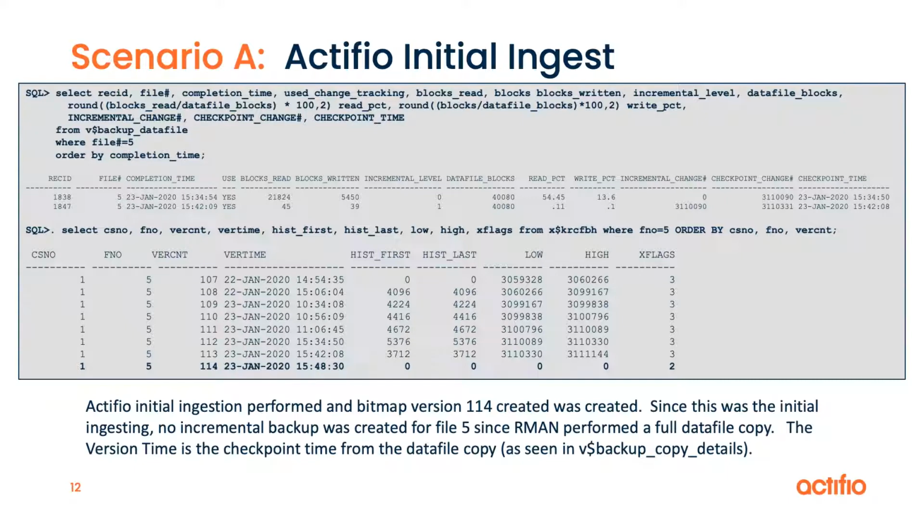That incremental merge that we do at the end of our initial copy is what actually advanced the version count to 114. But the important thing to note here is I'd updated 39 blocks. I did my Actifio initial ingest, I created version 114, and then after I did my ingest, I updated those same or different 38 blocks again.